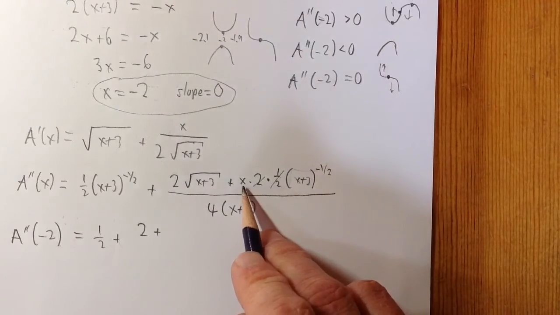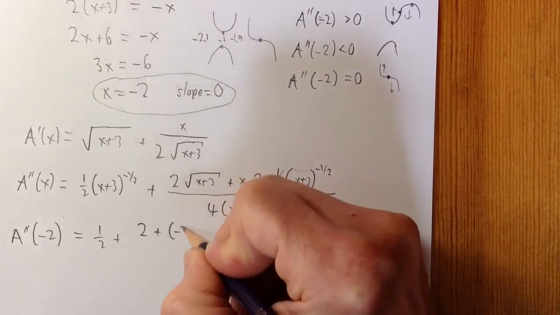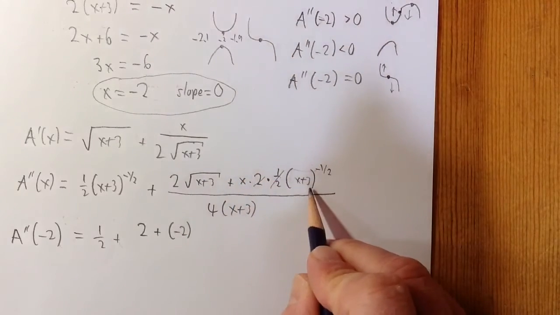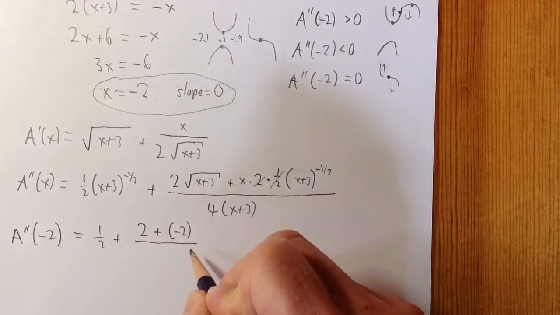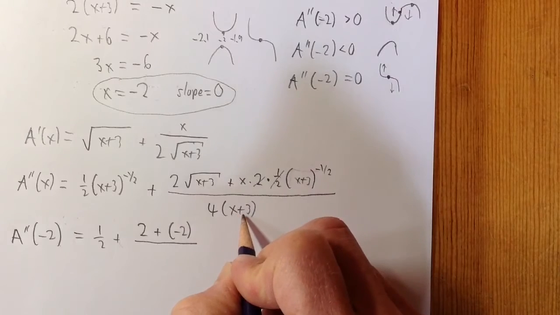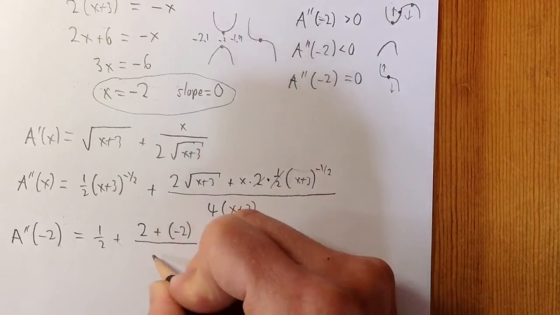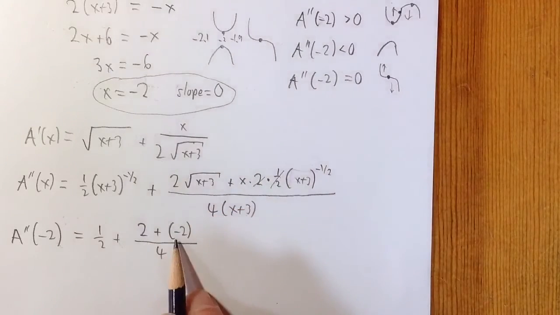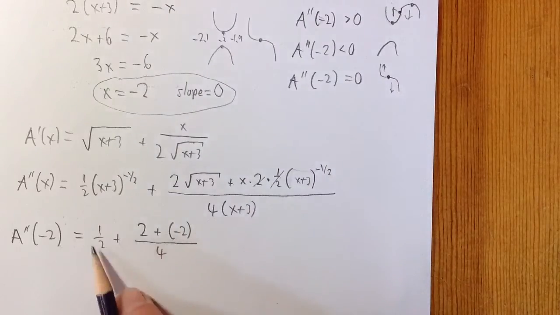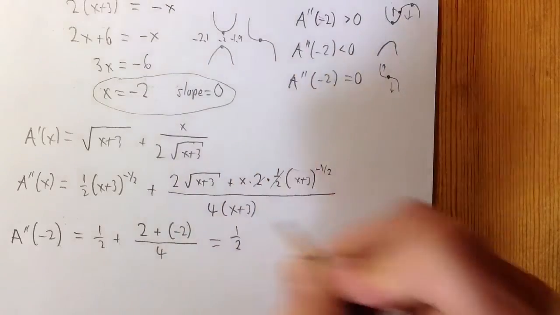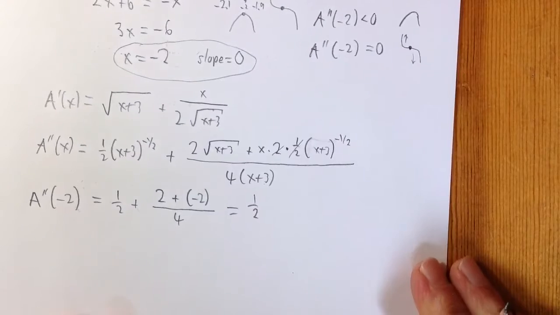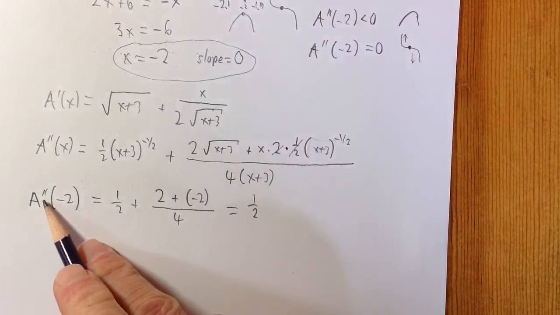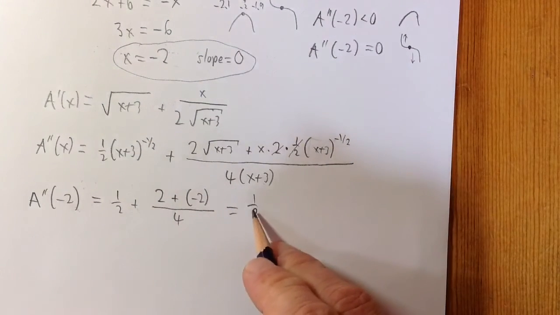Here we have x, and x is negative 2, so it's negative 2, and this again is 1, divided by 4. But look, 2 plus negative 2 is 0, so it's just equal to 1/2. It looks like it's going to be a lot of work, but it's not.